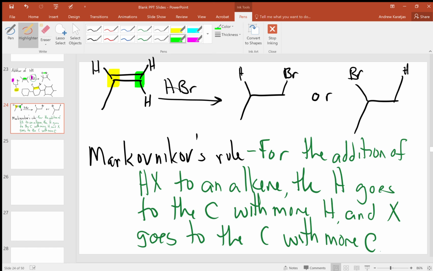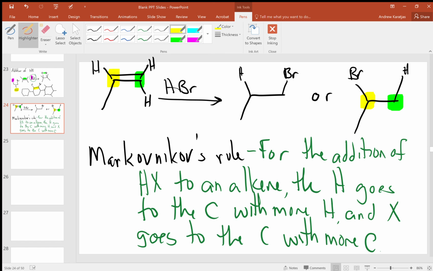The green carbon, we can see, has two hydrogens, whereas the yellow one has only one hydrogen. So Markovnikov's rule says the hydrogen is going to go over here onto the green carbon. At the same time, Markovnikov's rule tells us the bromine goes to the carbon with more carbons. The green carbon is bonded to one carbon, whereas the yellow carbon is bonded to two carbons. And so our bromine goes here.